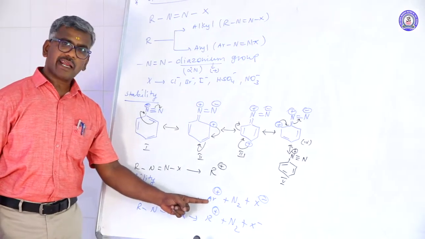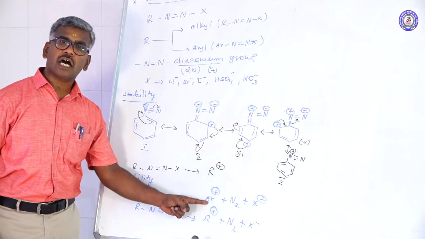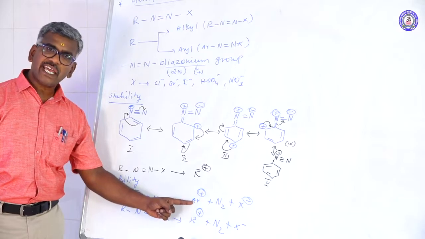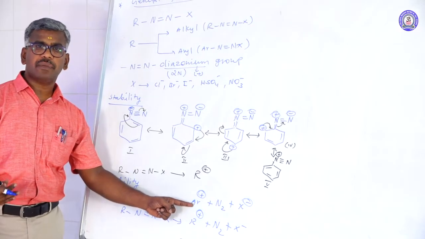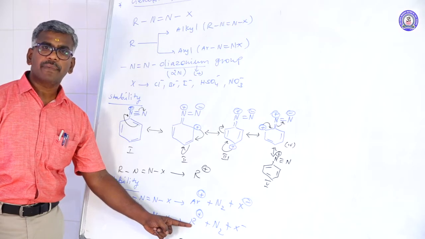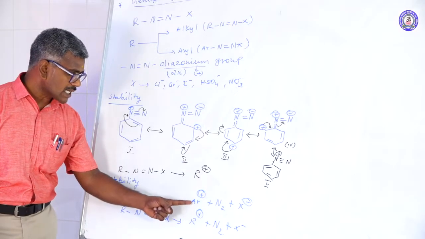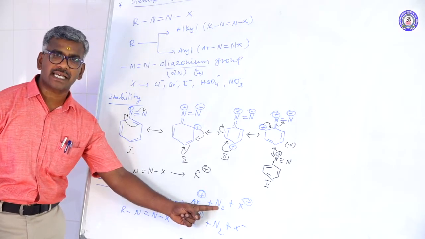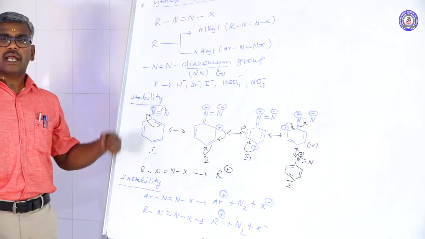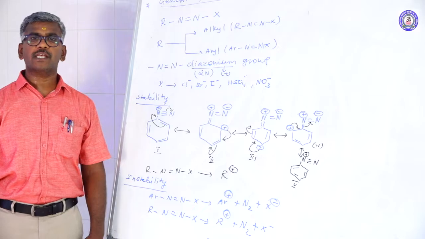This one is aryl carbocation or phenyl carbocation. This is alkyl carbocation. Aryl or phenyl carbocation is unstable compared to the alkyl carbocation because of the lower tendency to remove nitrogen gas. This is known as what? Instability. This is known as what? Stability. Another one is preparation of diazonium compounds.